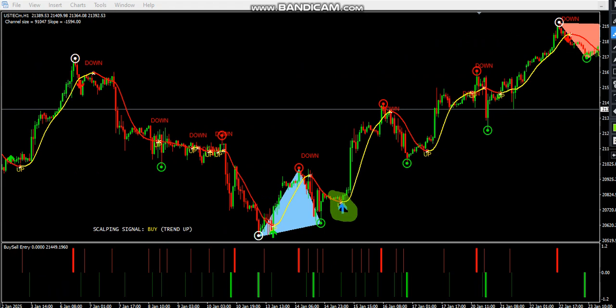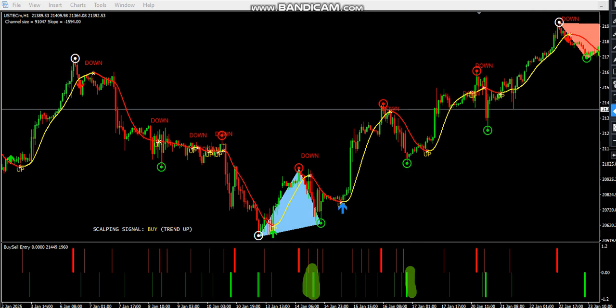Normally we would wait, but we already had this thick green right here, so we would have entered on that. But if you were scared, you would have waited. Price pulled back around this zone and showed the up direction, and we had this green, we would have taken that entry. That was a nice one.